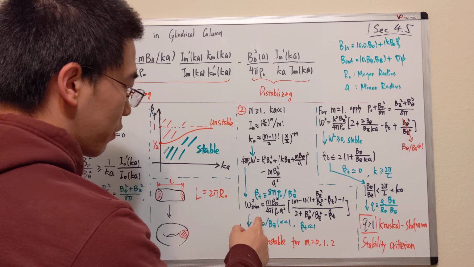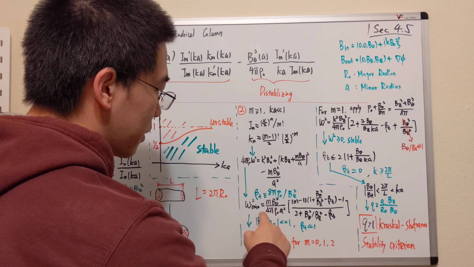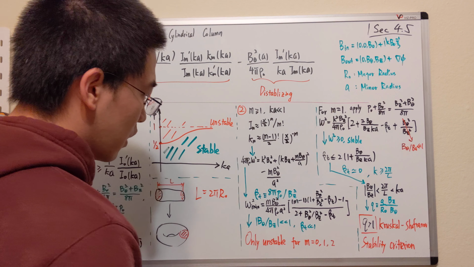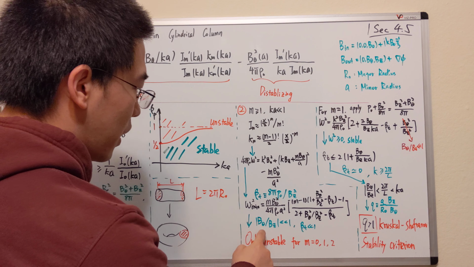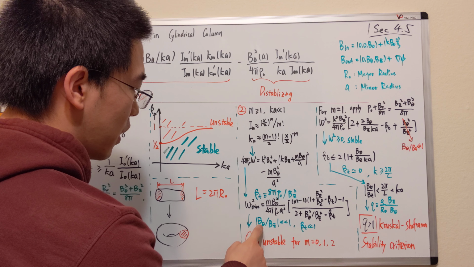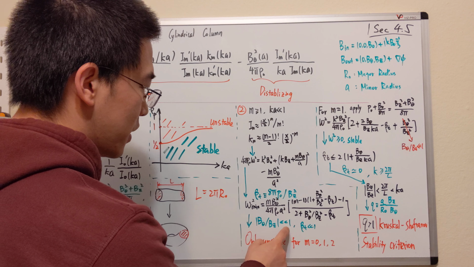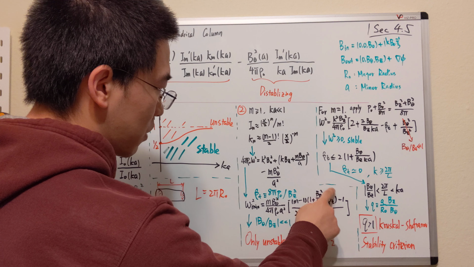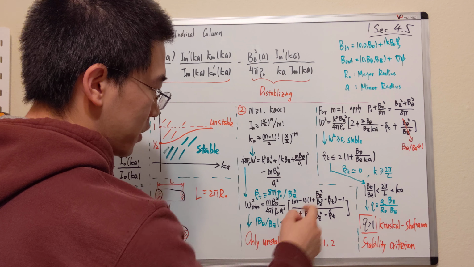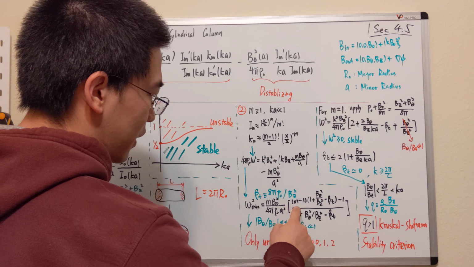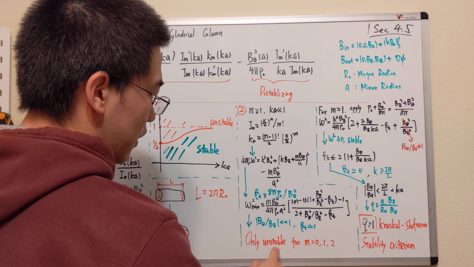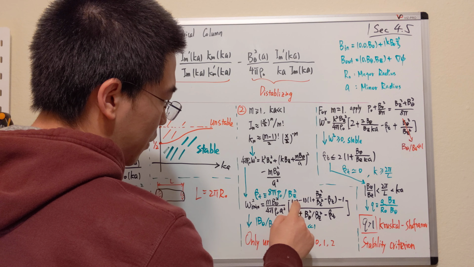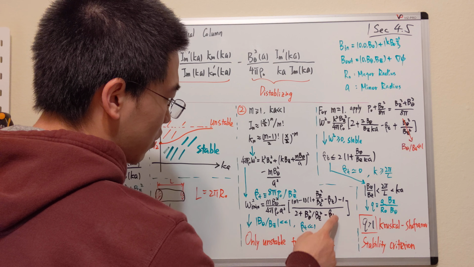We find that the polynomial's minimum is this, and if we apply the condition that B theta over Bz is much less than 1, and beta t is much less than 1, then those two terms are pretty much gone.